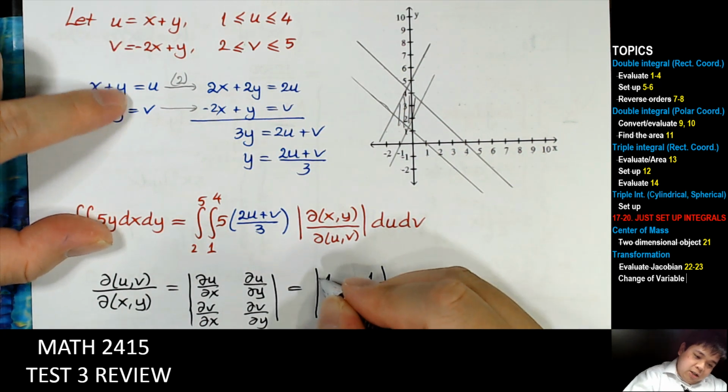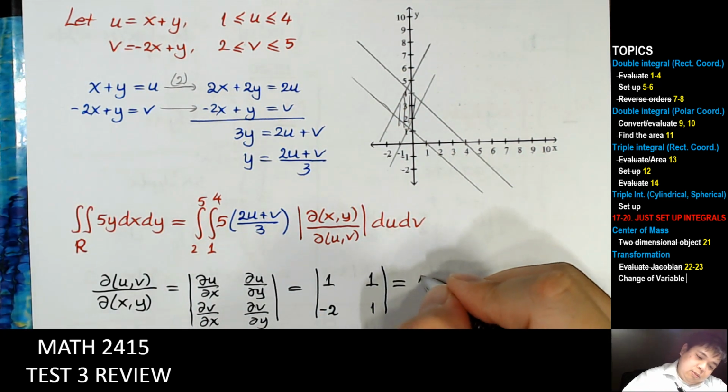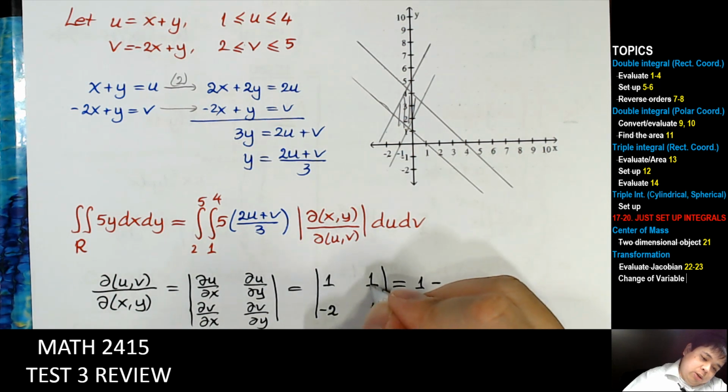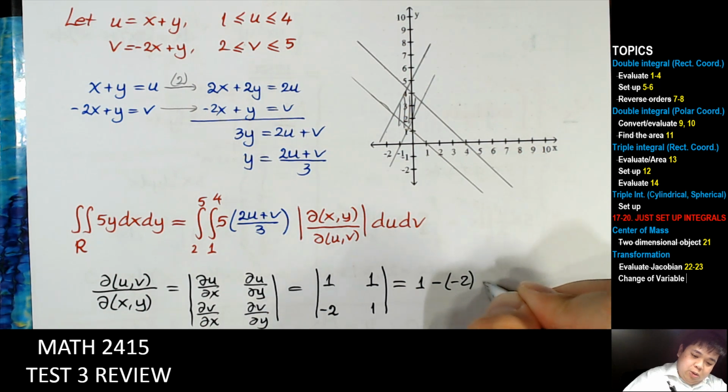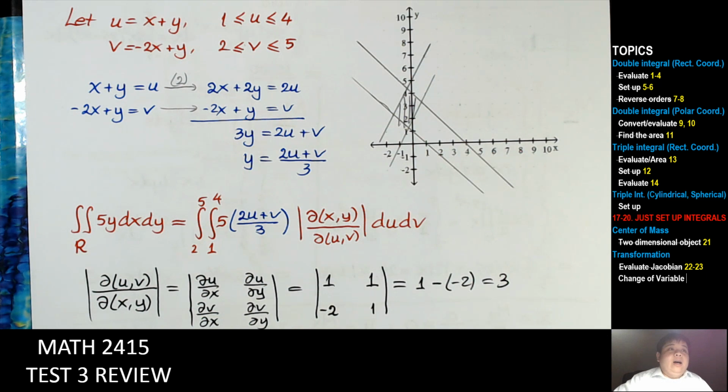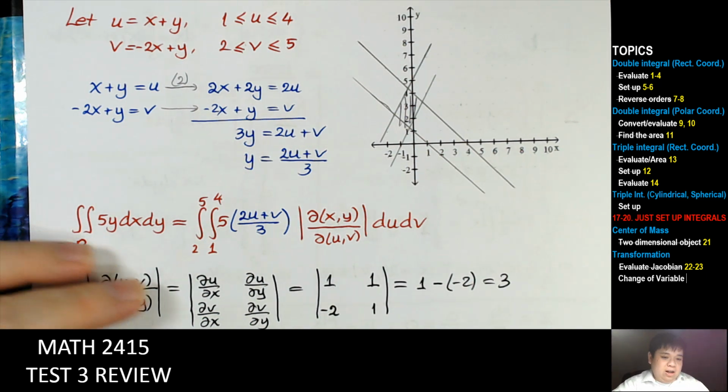The determinant of this is 1 minus negative 2, so that is 3. So the Jacobian of uv with respect to xy is 3.